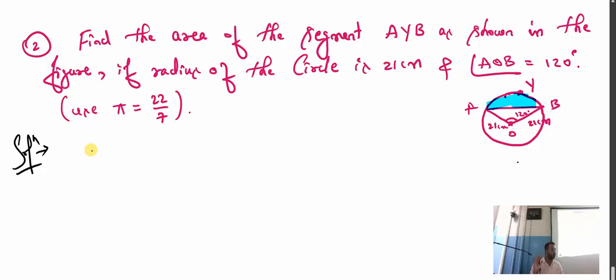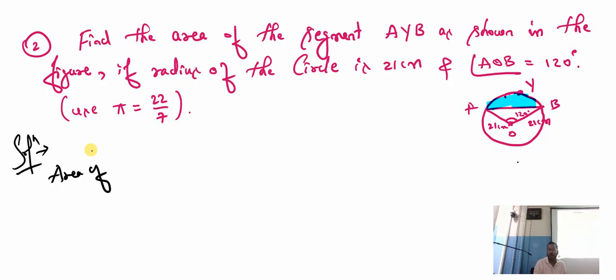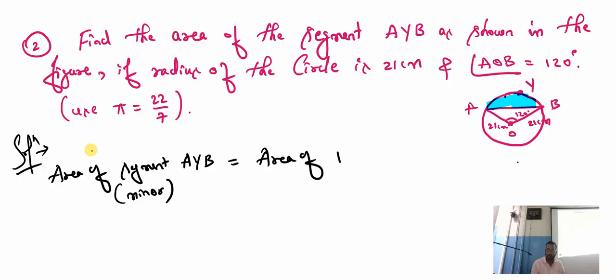Simple. We know that area of segment AYB, that's nothing but minor segment. If you want, you can write minor segment is equal to area of sector minus area of triangle. Now, can you name me which is the sector we have to find here?